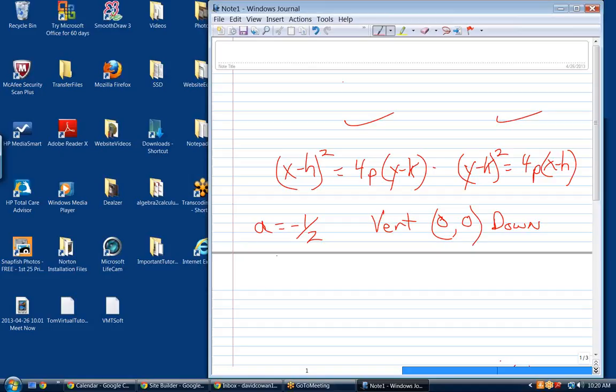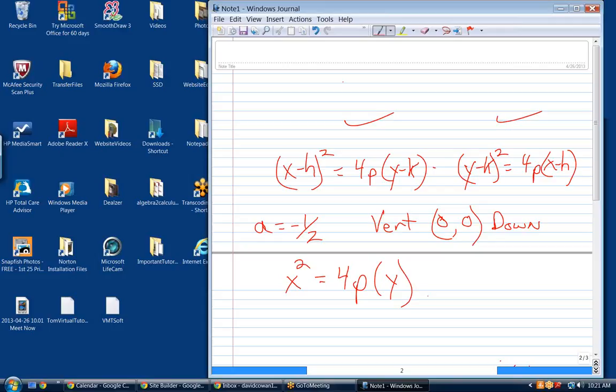Okay. H and K, since it's vertical parabola, H and K are both 0. So our equation is going to be x squared equals 4p times y.